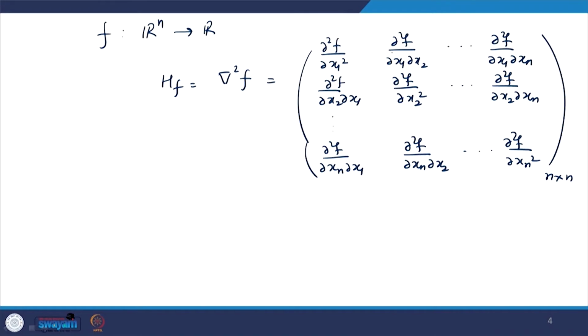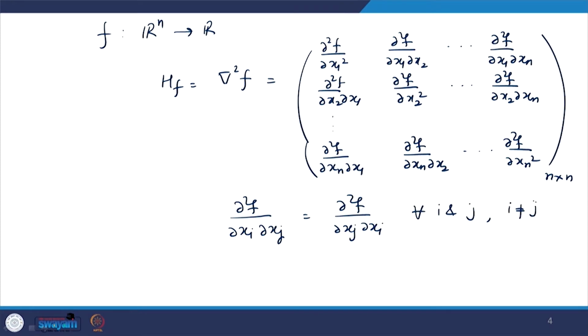Now, if these two are equal, I mean if del square f upon del xi del xj is equal to del square f upon del xj del xi for all i and j, i not equal to j, then this matrix definitely will be a symmetric matrix.